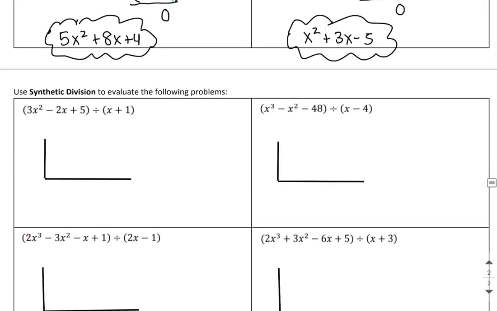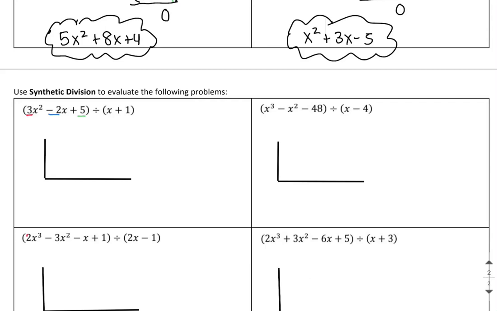So if I wanted to divide 3x squared minus 2x plus 5 by x plus 1, I would put inside of the synthetic division bar the coefficients for the polynomial that I am dividing. So 3, negative 2, and 5, in order from highest power to lowest power.